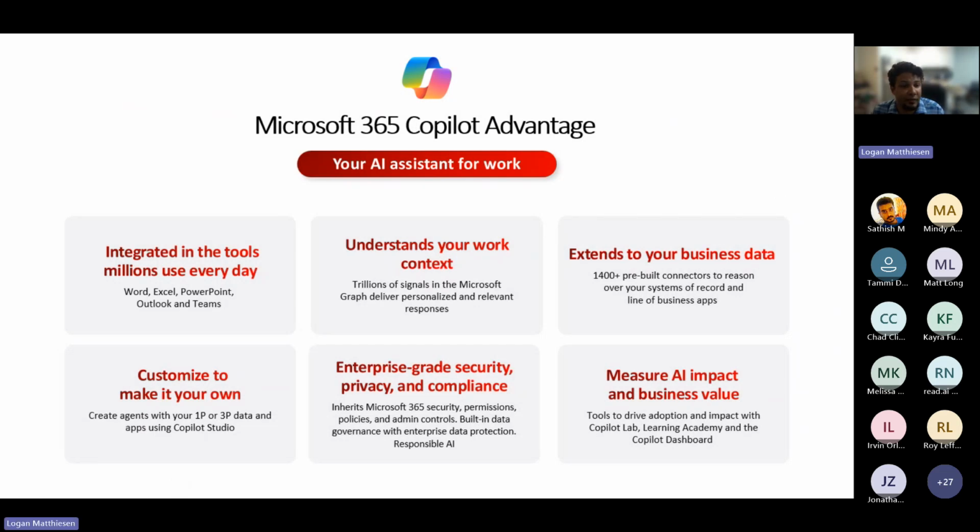Let's talk about some of the advantages of using Copilot and what Copilot can do for you. First, integrated in the tools millions use every day. The first and maybe most prominent feature of Copilot is the integration into all the other M365 apps you probably already use. It's one of the key differentiators from a lot of the other AI solutions out there, that you can use it in all these applications you're currently using.